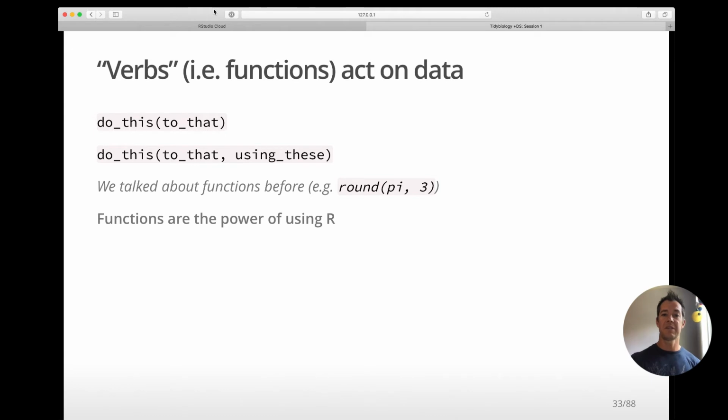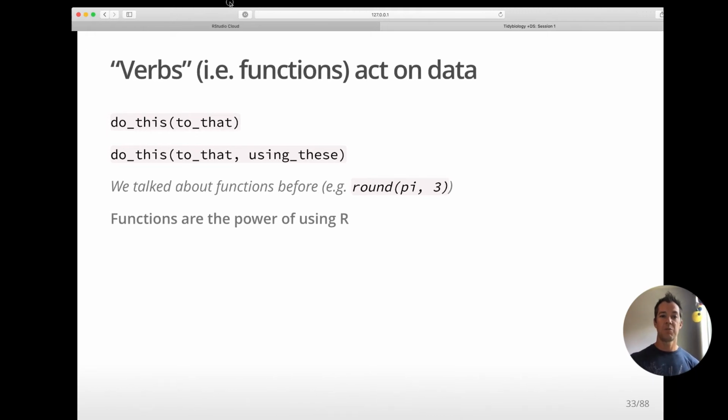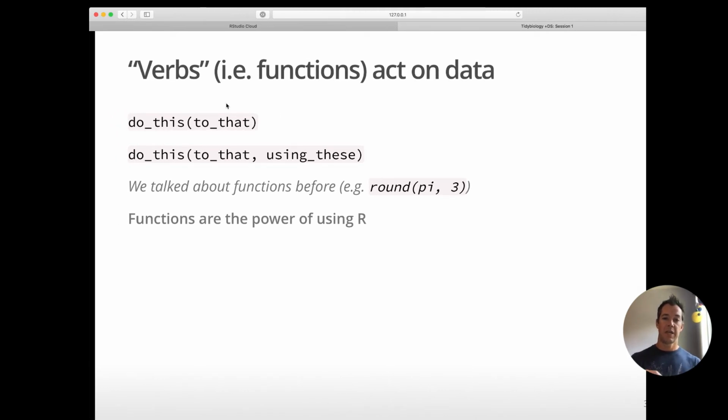You've seen a couple of examples, but the way to think about them is, when we talked about R as a language, and I'm teaching you a new language today, well, these languages have verbs, and verbs are actions. So these functions are verbs that act on data. The way you can think about this is the function says do this, to that. And that's the thing that we do this thing to.